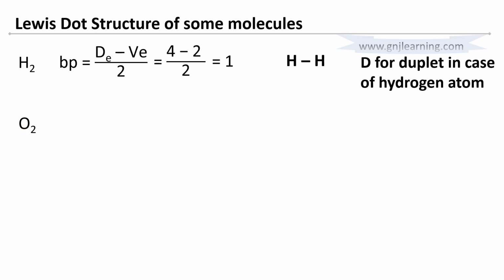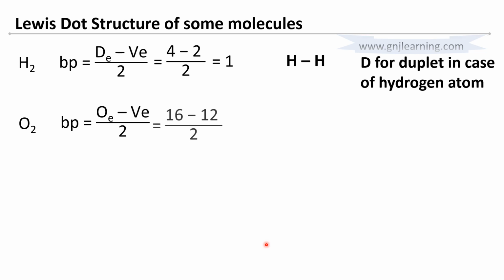So OE will be equal to 8 plus 8, that is 16. And VE: how many electrons are available with one oxygen atom? It is 6 plus 6, that is 12. So I have the values of OE and VE.